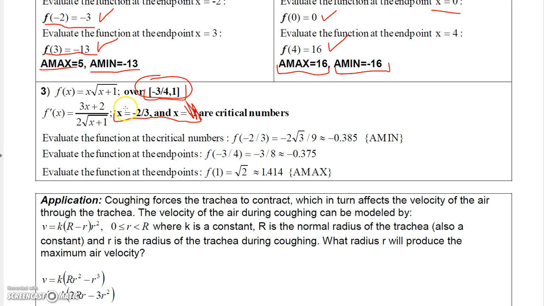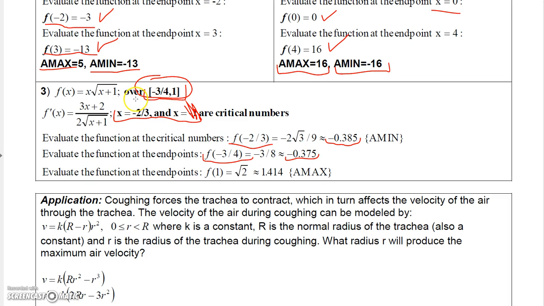Now evaluate this function at -2/3. If I plug -2/3 in here and grab a calculator, I got about -0.385. Then I'm going to check the endpoints. If I evaluate this function at -3/4, I got -3/8 or -0.375.